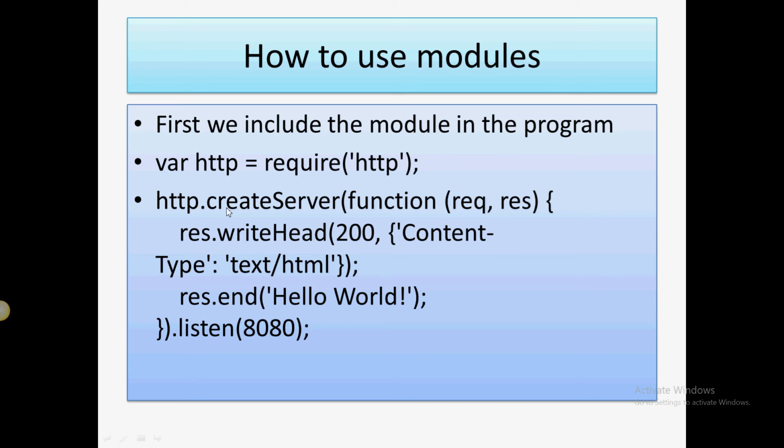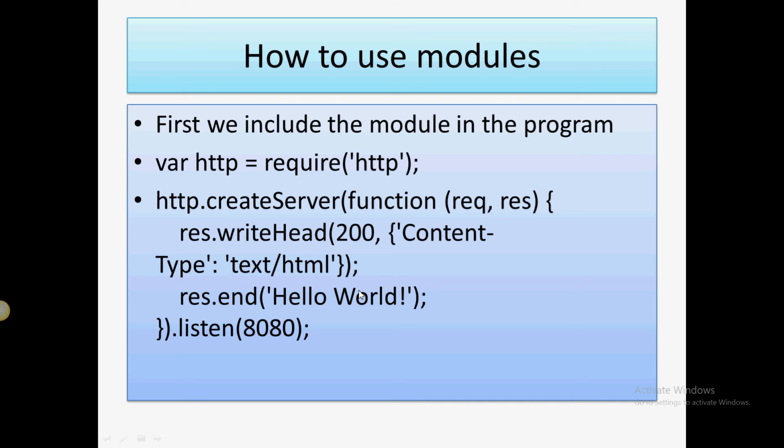So http.createServer, then there will be a function, and since it is client server, we have request and response. This particular server will be sending a response to the browser, or you can also create a client. We describe the content type and then the response that it needs to send.